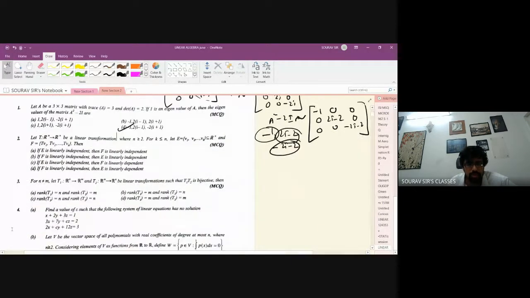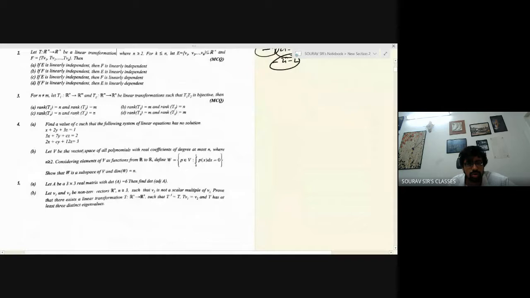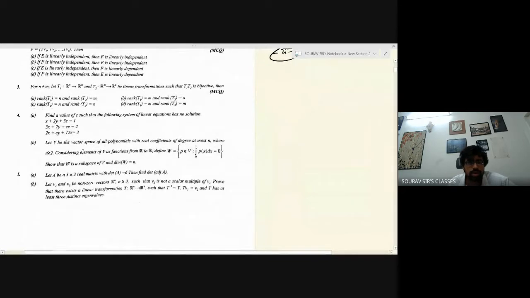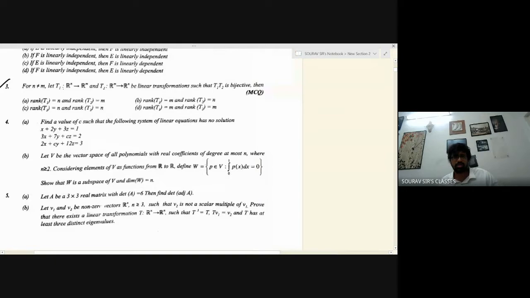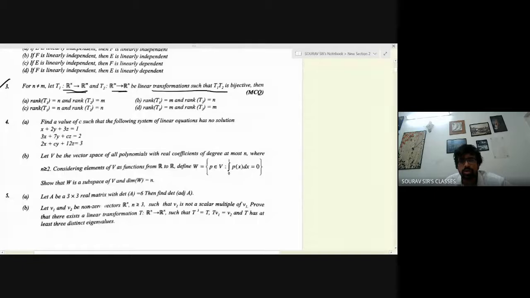Now we talk about a linear transformation. Let's talk about linear transformation. Enlarge it a little bit. T1 is from Rn to Rn, T2 is also a linear transformation.